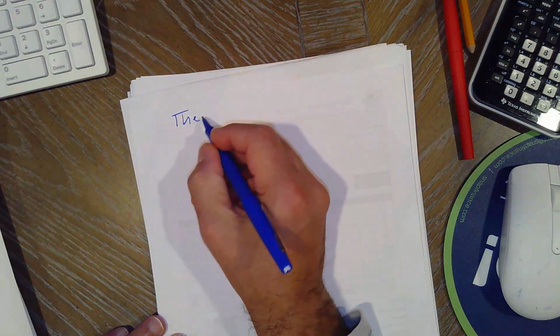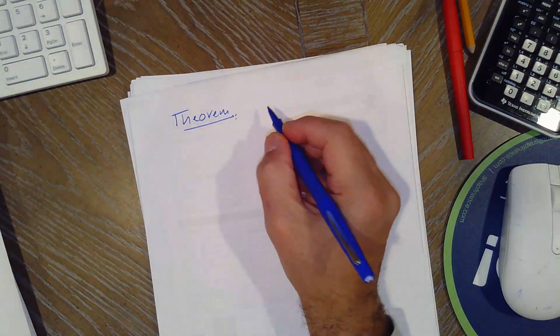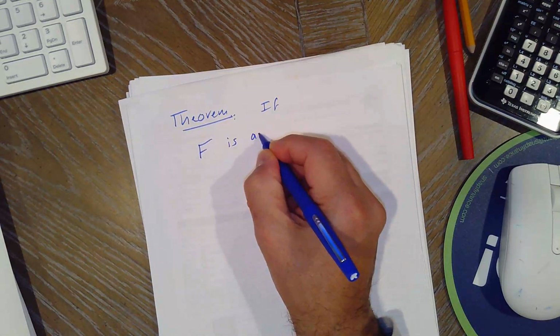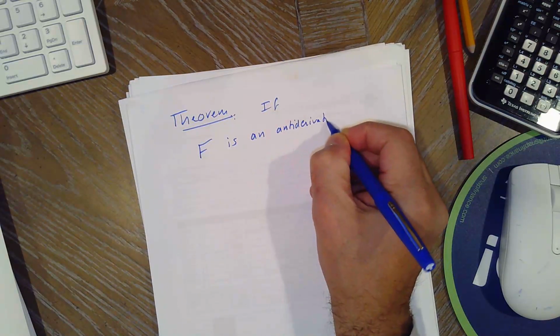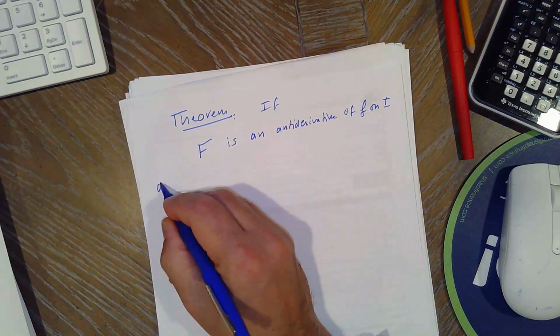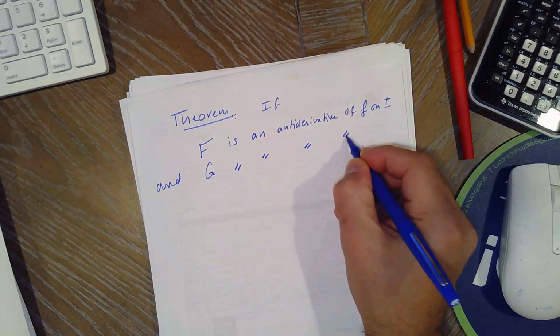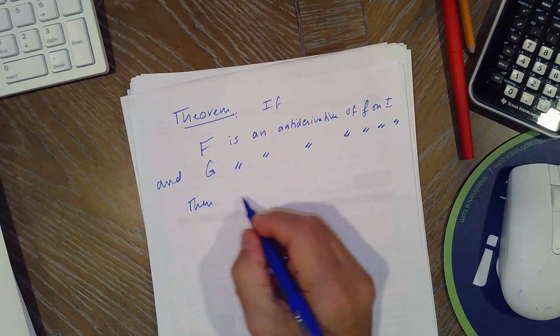If big F is an antiderivative of little f on I, and big G is an antiderivative of little f on I, then they differ by a constant.